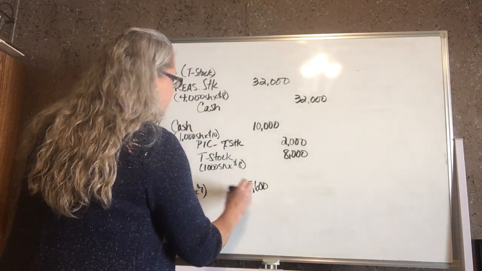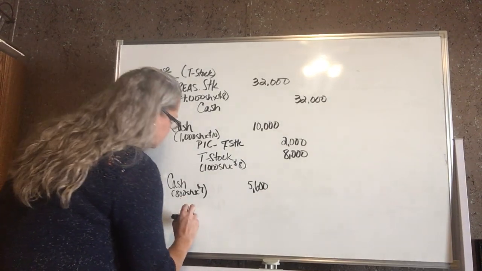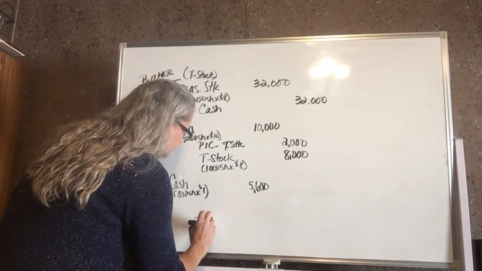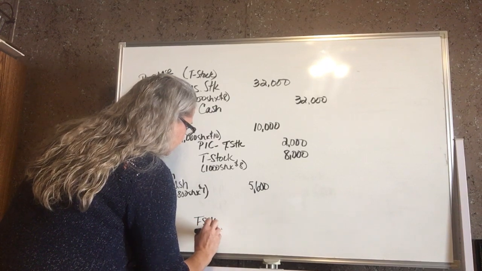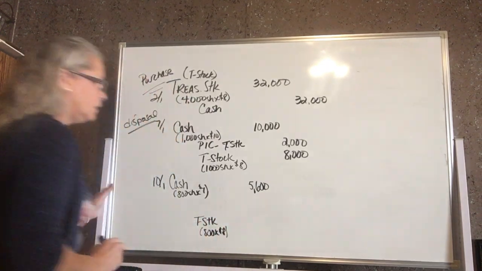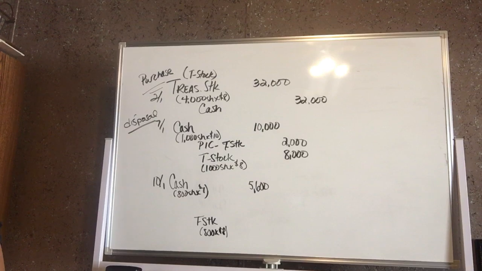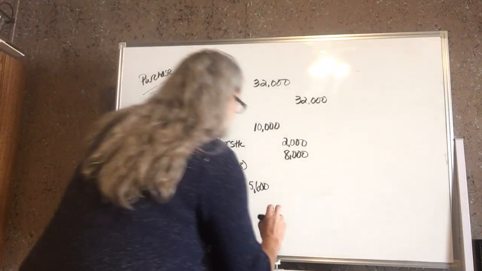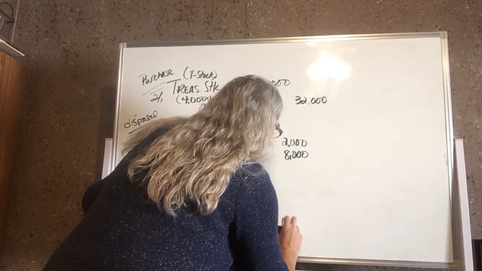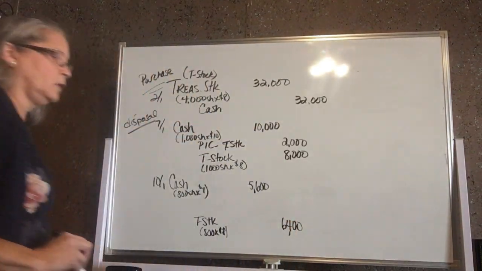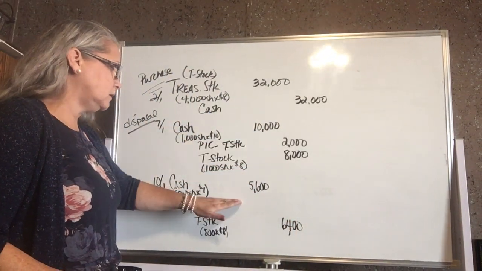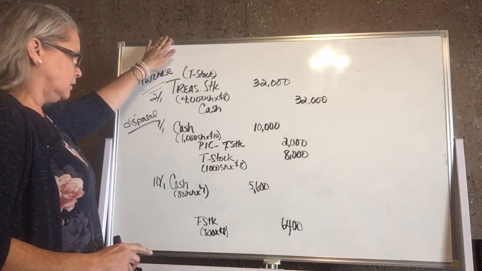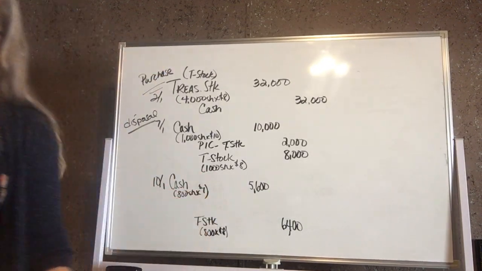What am I giving up? I'm giving up T-stock again, 800 at 8, or $6,400. Now, we're off the other direction. Here, I needed it here. On this one, I need it down here.